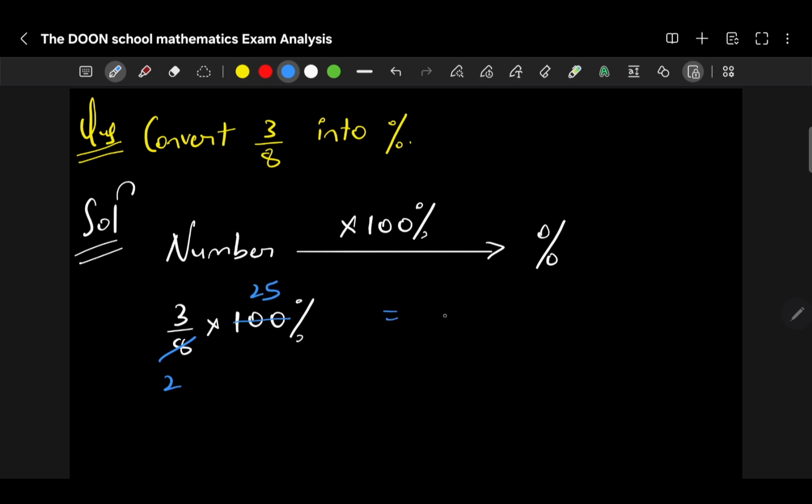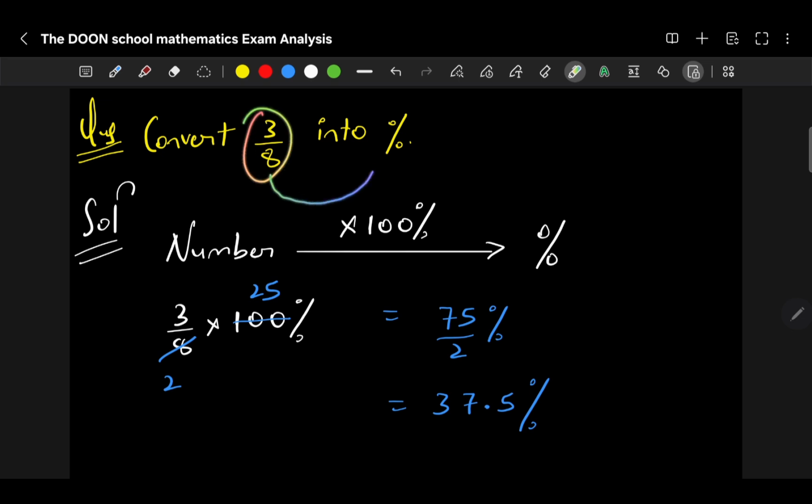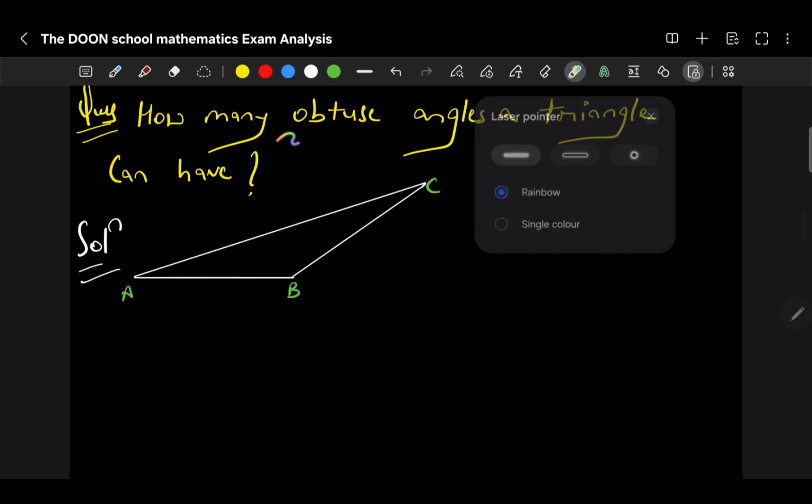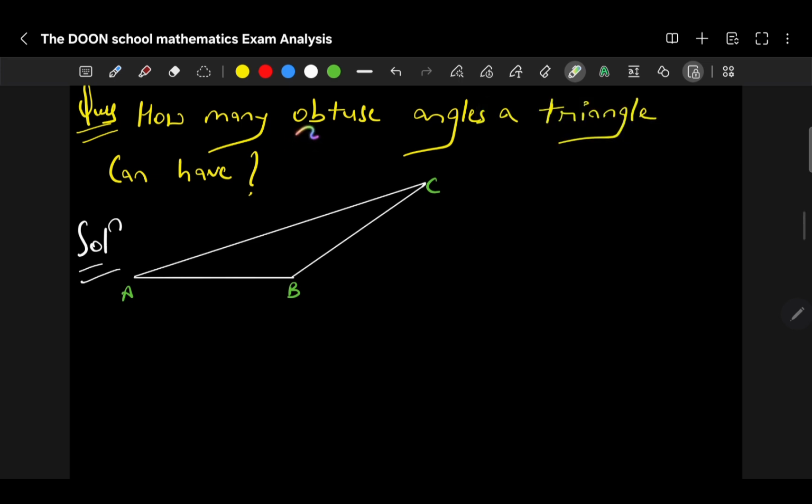It will give you 75 upon 2 percent, and half of 75 is 37.5 percent. So this was a very easy thing. To convert a fraction into a percentage, just multiply it by 100 percent.